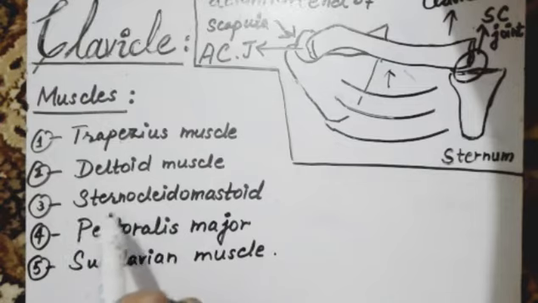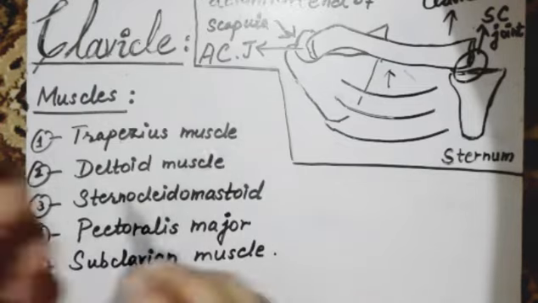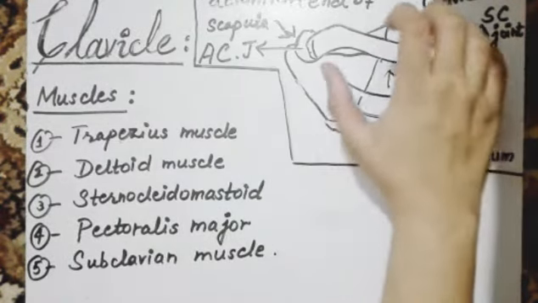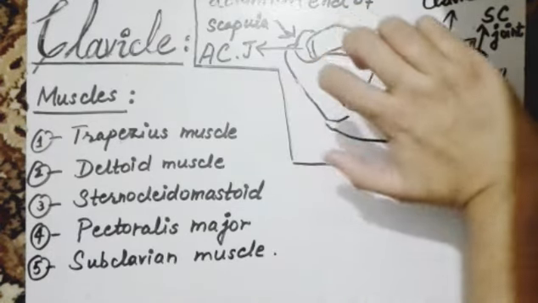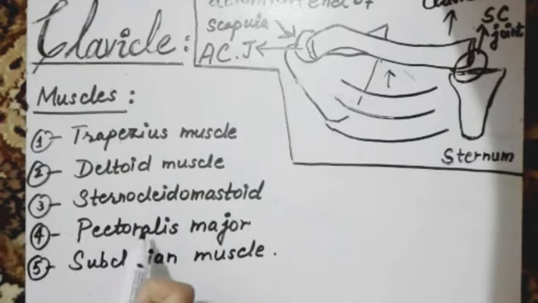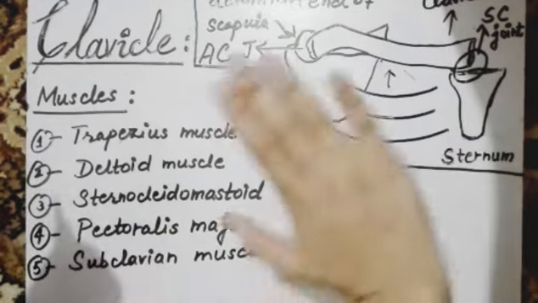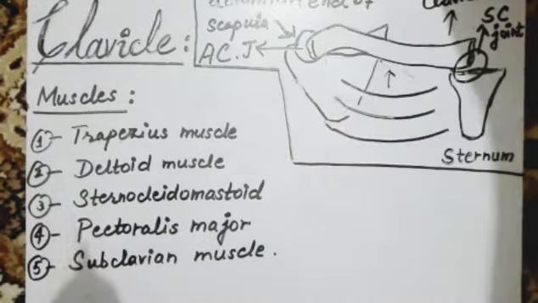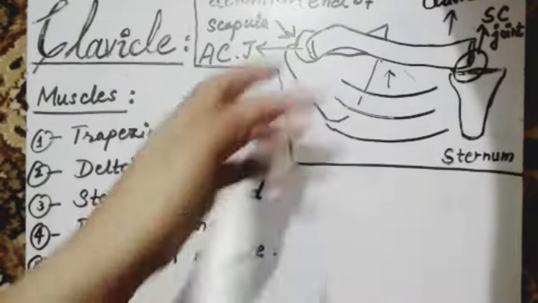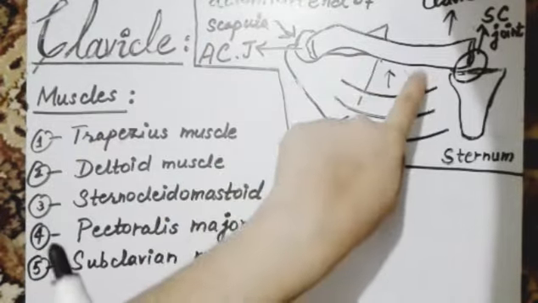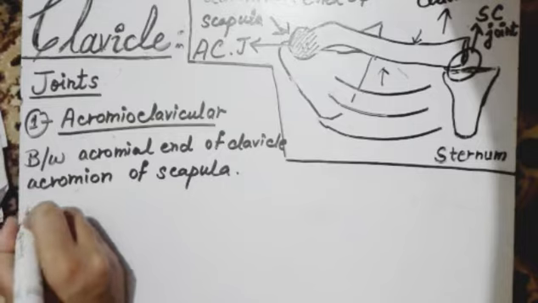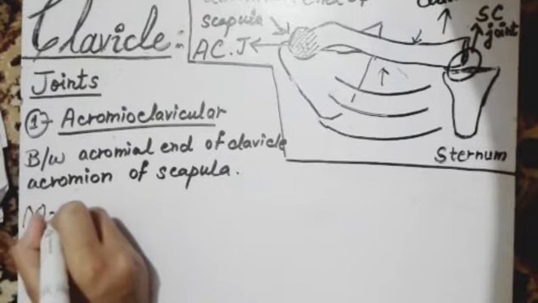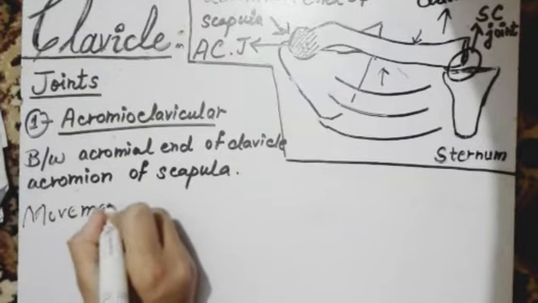The sternocleidomastoid muscle is found on the superior surface of the clavicle, the upper surface, from where the muscle attaches. Pect major comes from the anterior surface again. And the subclavian muscle comes from the inferior, the downward side of the clavicle, on the subclavian groove.